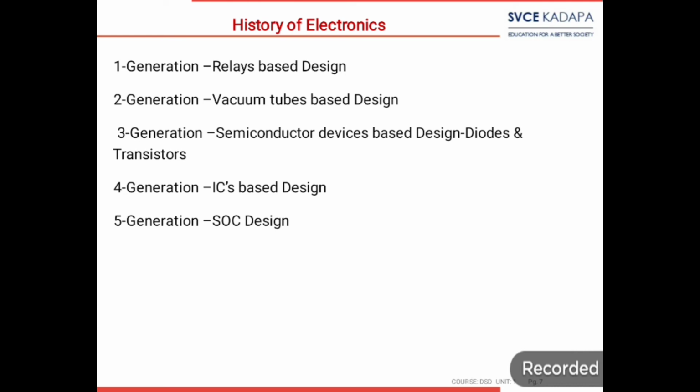So that is the fourth generation. Next, coming to the fifth generation, that is system on chip design. An IC means components are integrated in a single chip, but in a system on chip, different ICs are all integrated in a single chip. So that is the system on chip.